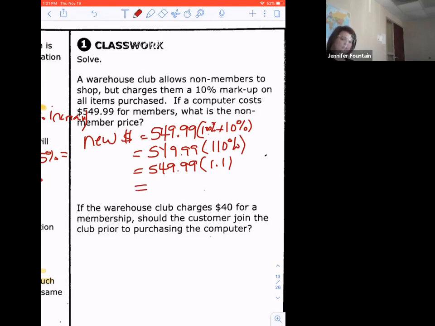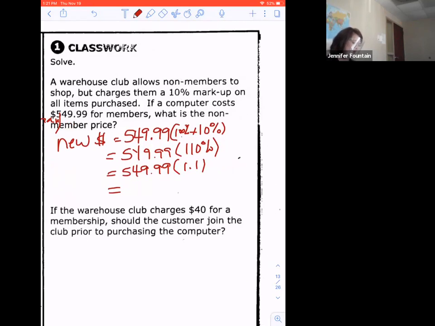And so we'll come over here, 549.99 times 1.1. So 9 times 9 is 81... we end up with 9, 9 9's 18, carry my 1.